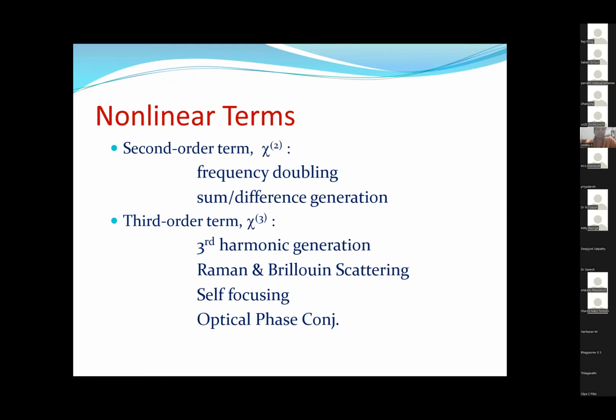But is it ever possible for me, by using my nonlinearity, to have a frequency halving, wavelength doubling? Has anyone heard of it? From 532 nanometers, can I make 1064 nanometers, a double? Is there any possibility? Have you ever heard of it? Anyway, find it out because there's a possibility.